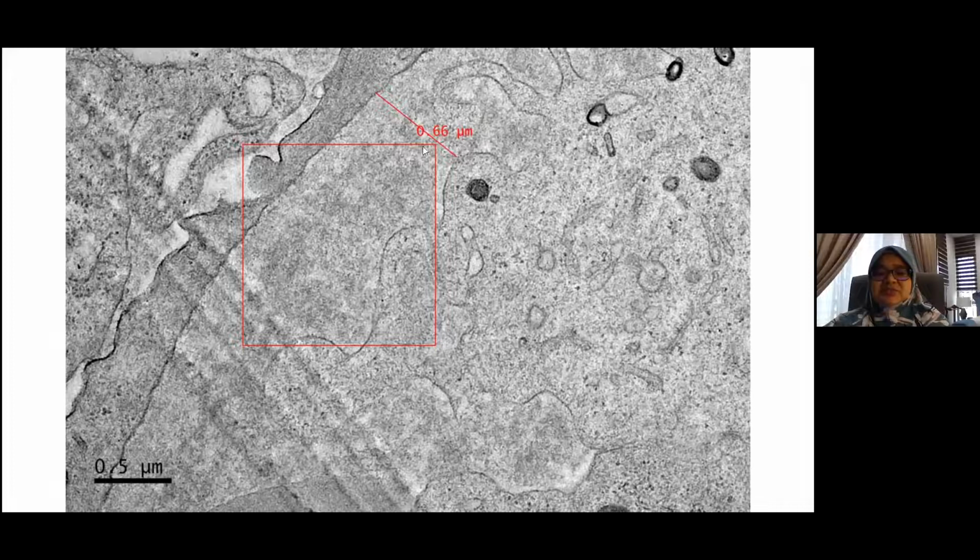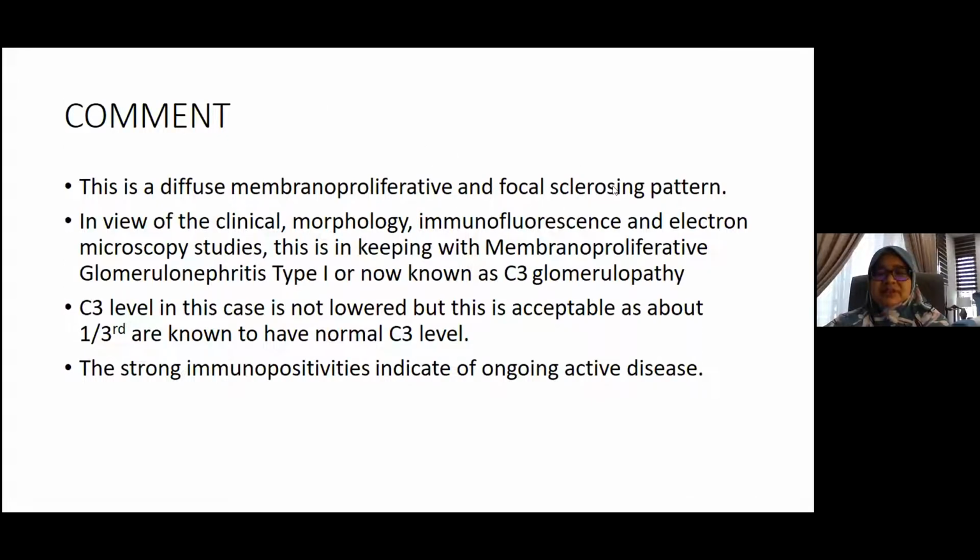So this is a fused membranoproliferative and focal sclerosing pattern by light microscopy. In view of the clinical picture, the morphology, and the immunofluorescence and electron microscopy studies, this is in keeping with membranoproliferative glomerulonephritis type 1, or now known as C3 glomerulopathy.